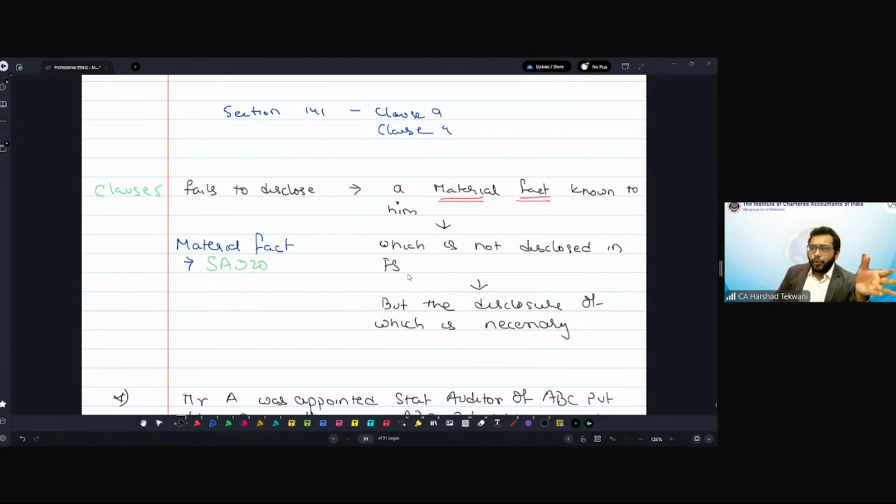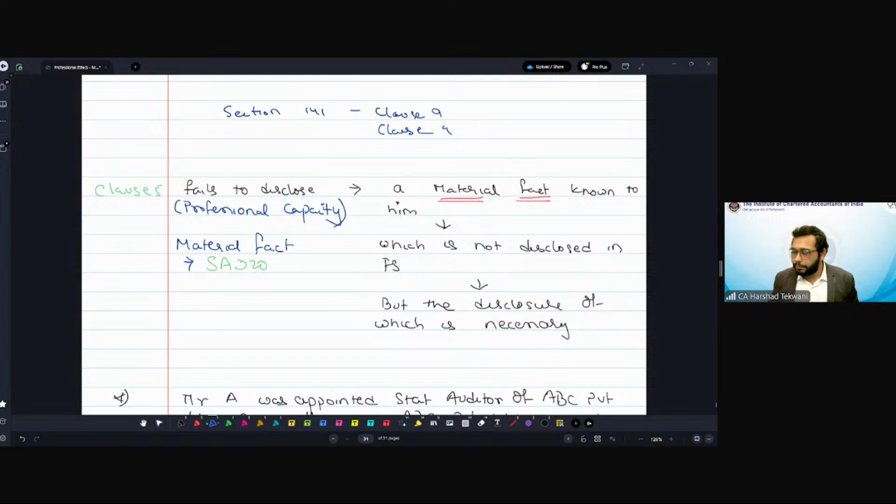So when I say fails to disclose, he will be failing to disclose only when he is there in a professional capacity. Otherwise, there will be no onus on me to disclose that particular detail if I'm not associated in a professional capacity, and there will be no failure on my part. So fails to disclose will only get attracted when he's there in a professional capacity. I'll just write it over here also for clarification. Professional capacity. Then only could I say that he failed to disclose.